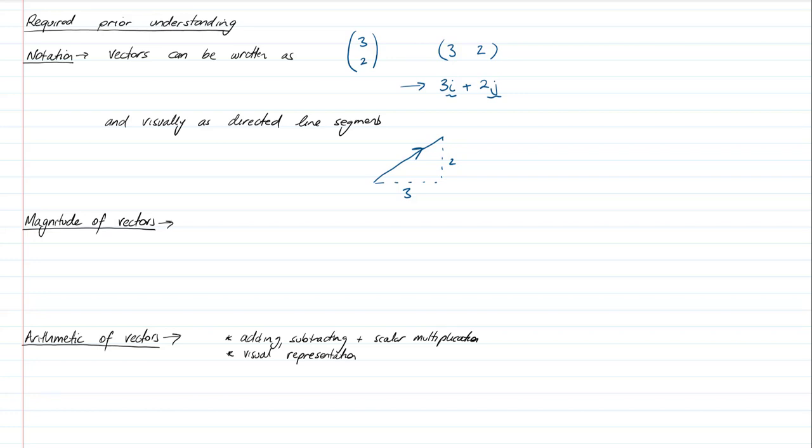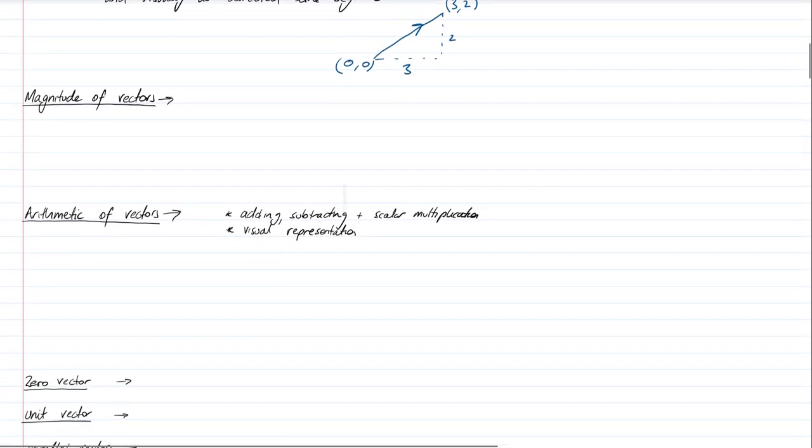Now of course this line segment is the same vector anywhere on the page, but often we'll be starting it at 0, 0, or the origin, and heading out to here in most of the diagrams that we draw. But I can transport that vector anywhere on the 2D plane, on the Cartesian plane, and it's an equivalent vector. It doesn't actually change it. The magnitude of vectors you'll need to be aware of.